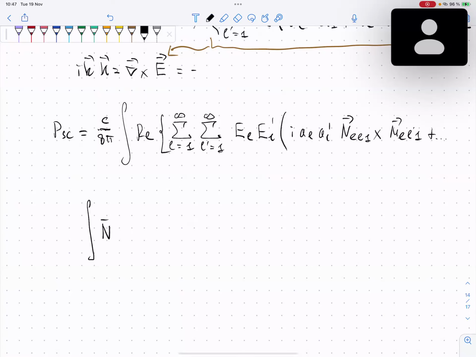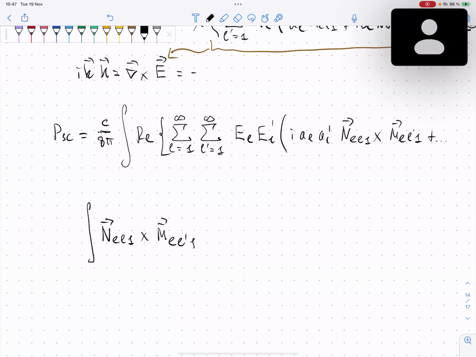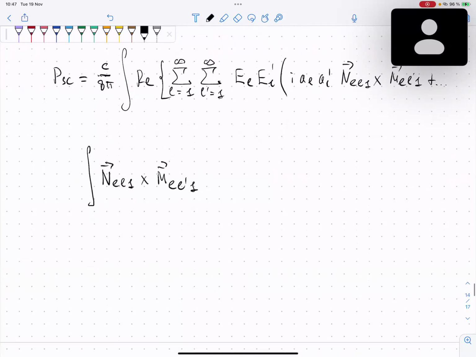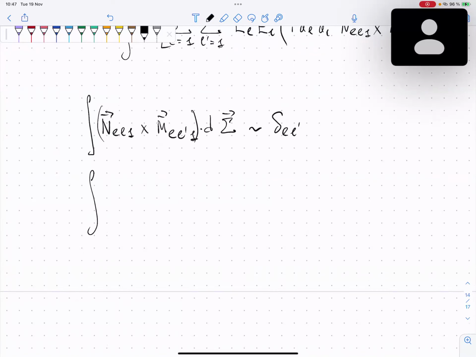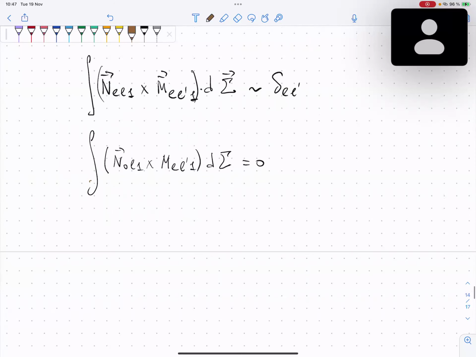For example, N_eL1 times M_eL prime 1 over the closed surface will be proportional to the delta function of L and L prime, and N_oL1 times M_eL prime 1 over d sigma will always be equal to 0, because inside of this big integral we have the integral of cosine multiplied by sine, which is always equal to 0 over the period, of course.